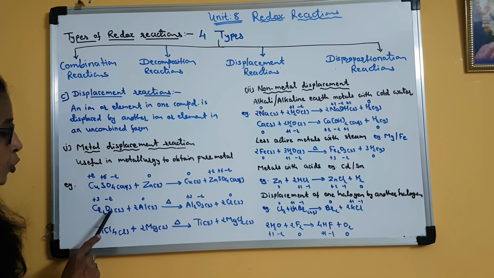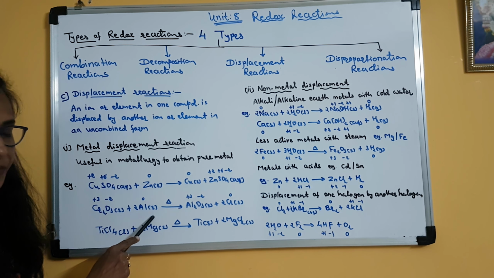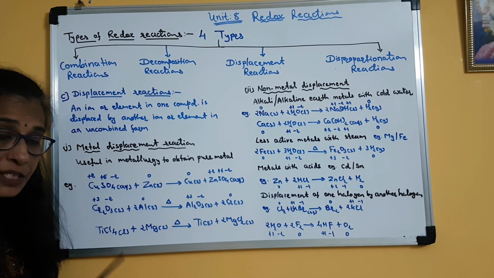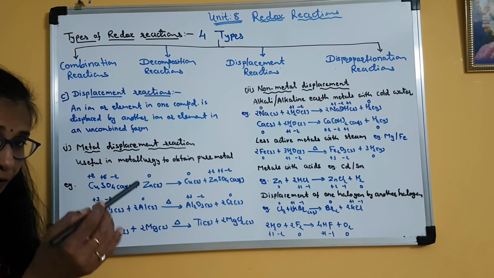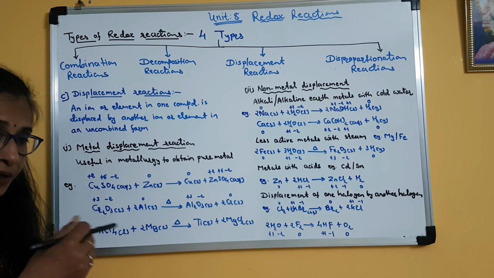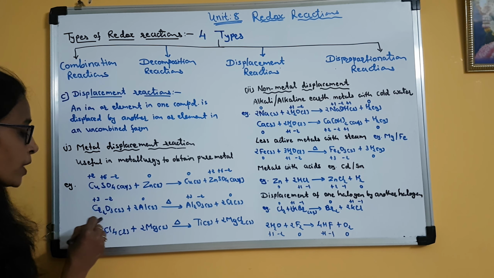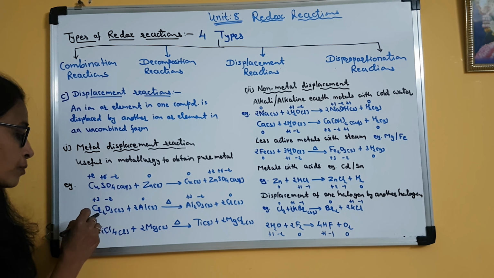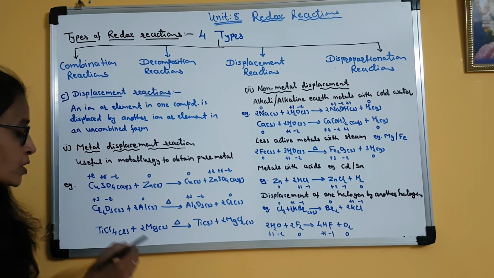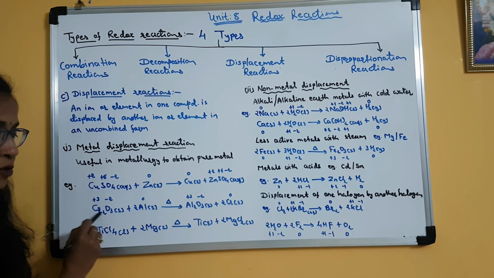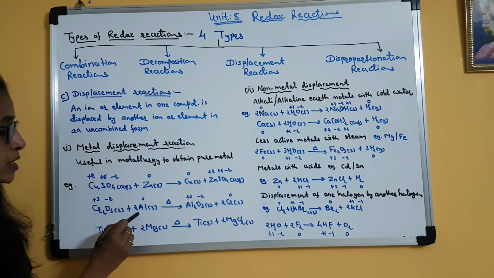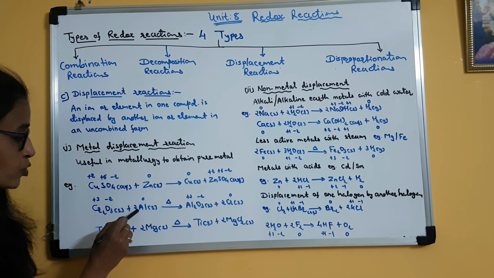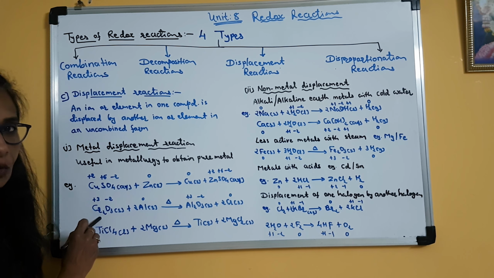Similarly, Cr2O3 plus 2Al. Generally, in the metallurgical process, when we obtain the metal in the oxide form, it is always mandatory to obtain the metal in a free form from that oxide. So here, chromium trioxide, Cr2O3, is reacted with aluminium. Aluminium is more reactive than chromium.